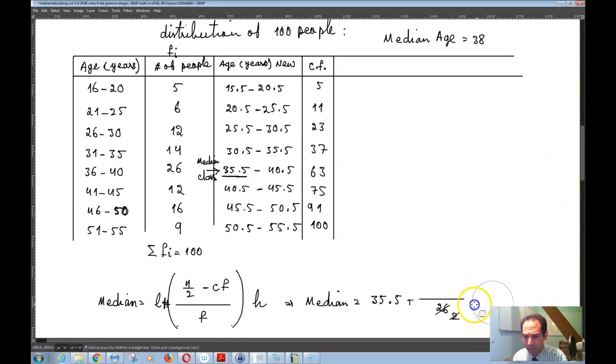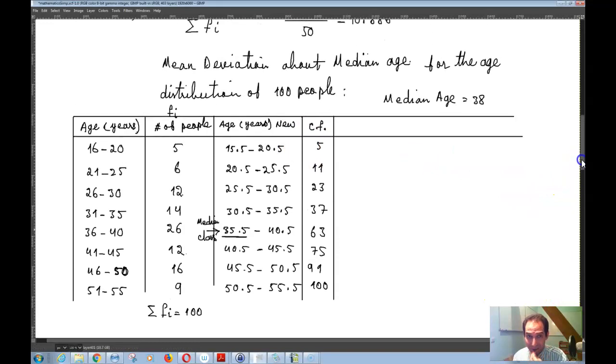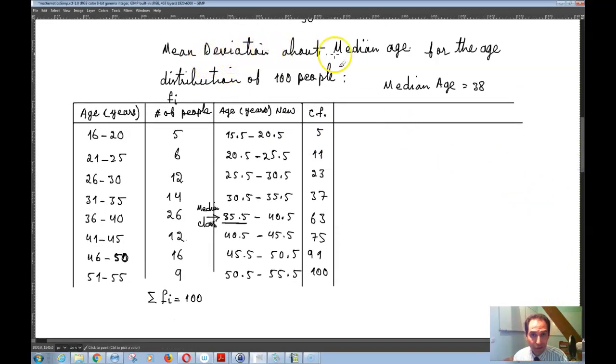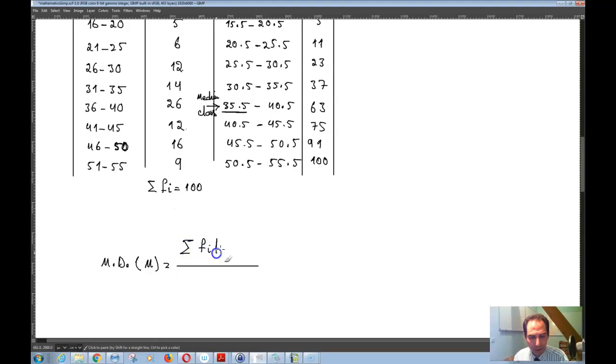Now the next thing that we need to find is the mean deviation about the median. The mean deviation about the median is the same thing as sigma f of i times the absolute value of x of i minus the median M, over sigma f of i.